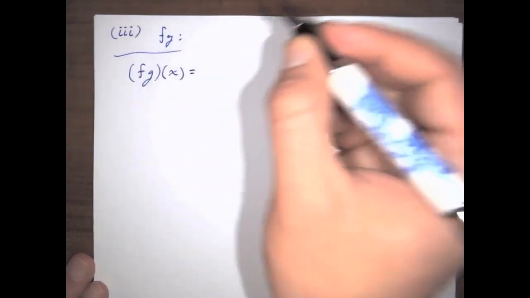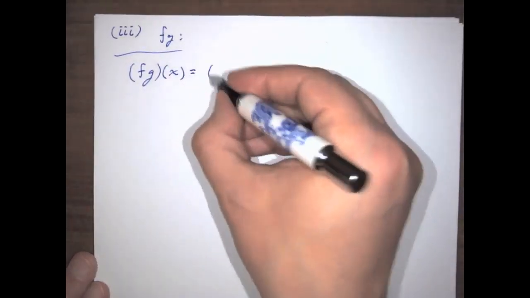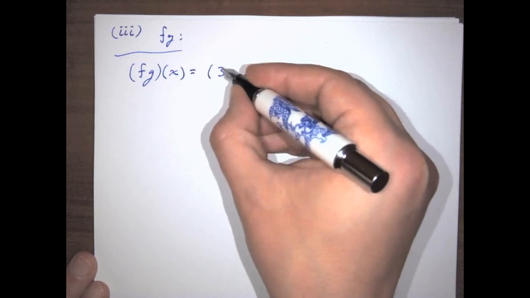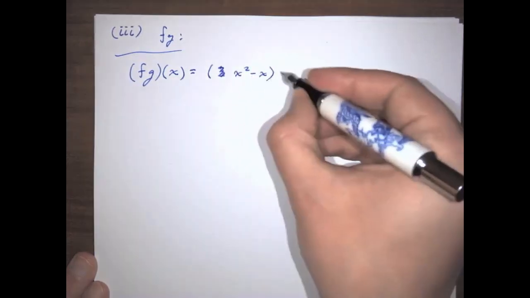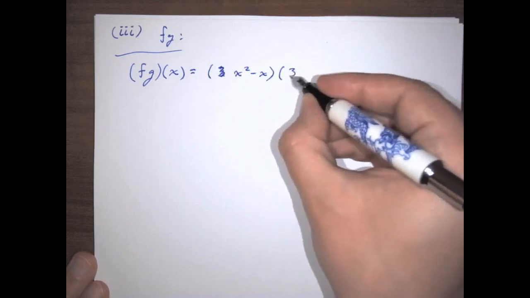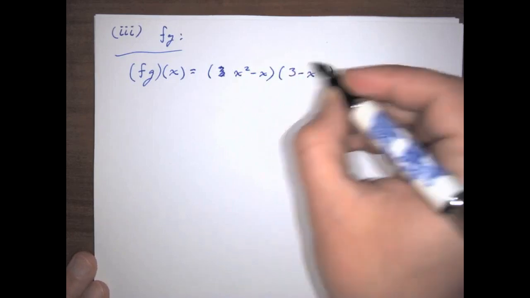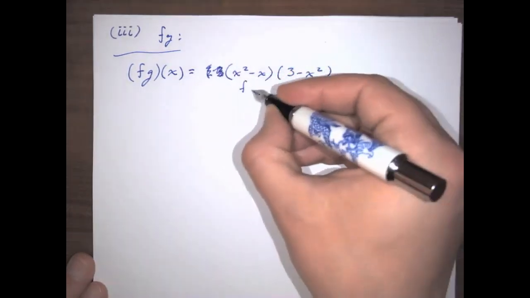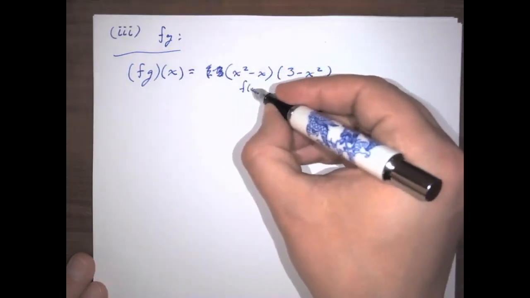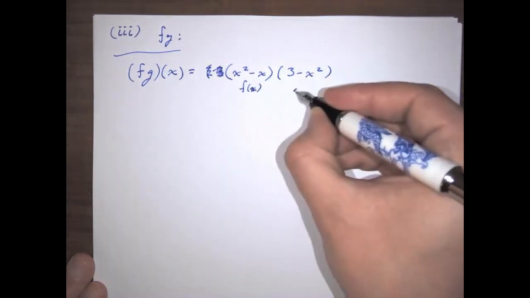And so we would write it like this. And then what we would have here, x squared minus x times 3 minus x squared. And then, okay, so this is, again, f of x and g of x.